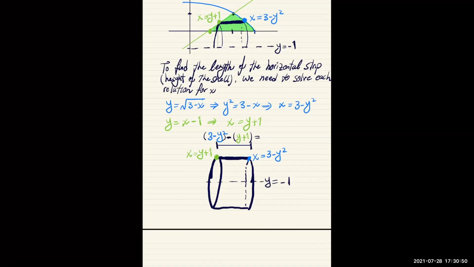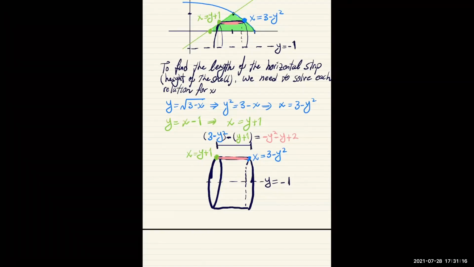The height of the shell is going to be, let me write it in descending order, negative y squared minus y. I'm adding y terms. I have that negative y squared, I have the minus y, and I have a 3 minus 1, which is positive 2.